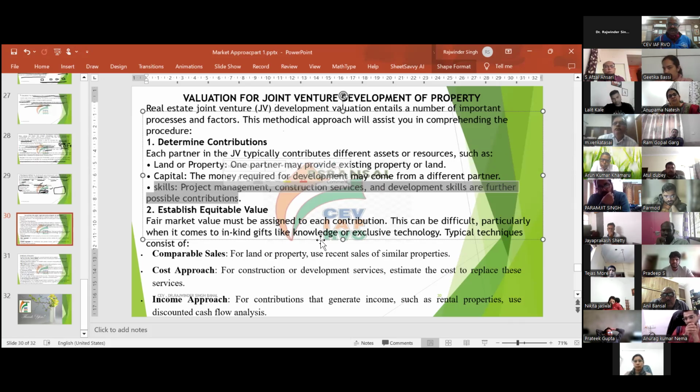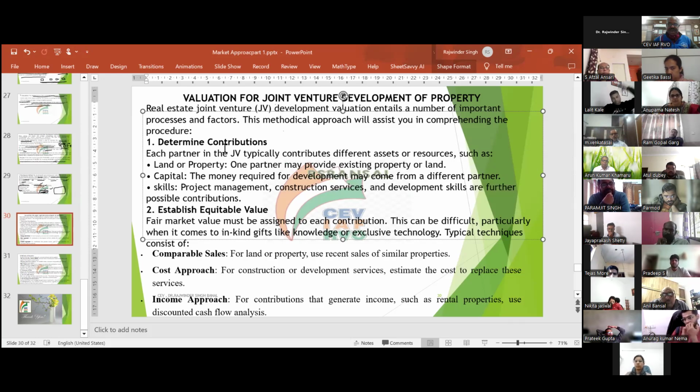You have to check who the partners in this joint venture are and what the contribution of each particular partner is. So first thing you have to find is the contribution of each partner of the joint venture.